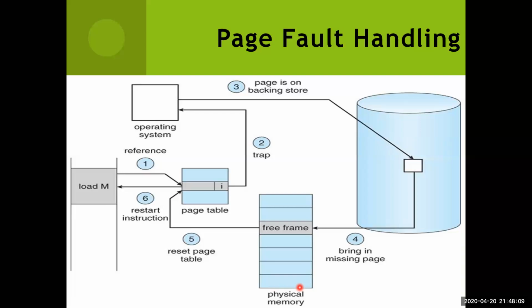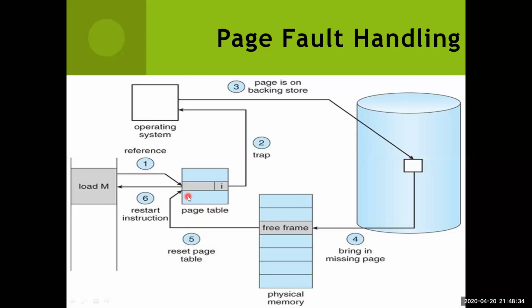So we have to locate the address in the physical memory, load the page into the main memory, and after loading the page in the physical memory, we will reset the page mapping table.